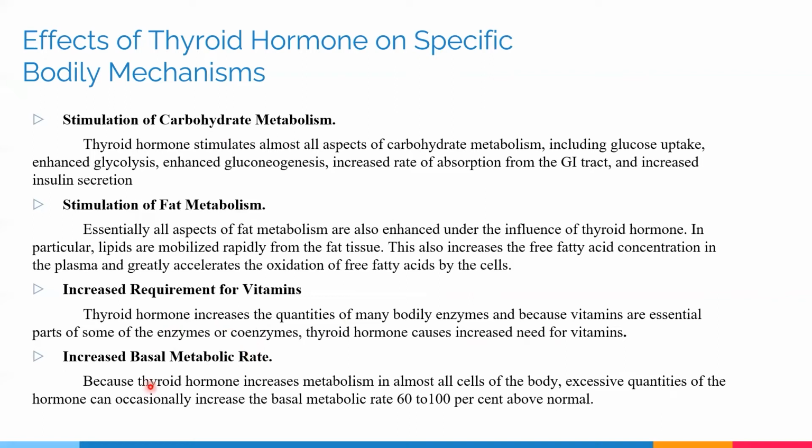There is also an increased basal metabolic rate in response to thyroid hormone secretion. Because thyroid hormone increases metabolism in almost all cells of the body, excessive quantities of the hormone can occasionally increase the basal metabolic rate 60 to 100% above the normal one.